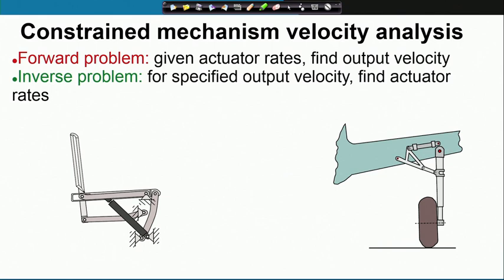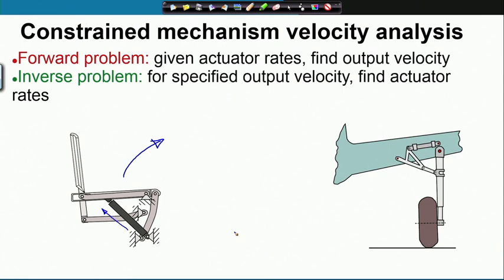Here are two examples that we had considered. This is the transfer device, where I need to find out the hydraulic or pneumatic actuator expansion rate in order to provide a certain output rate for taking a person from the sitting position to the standing position.